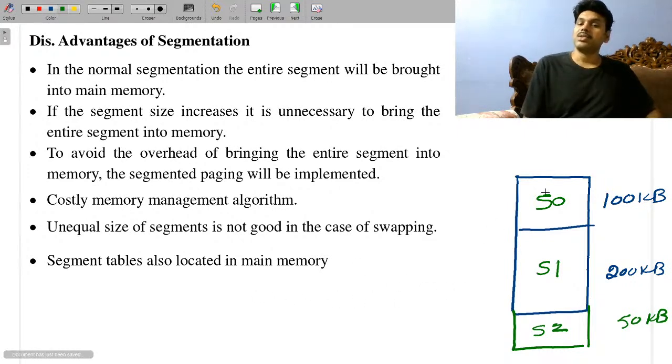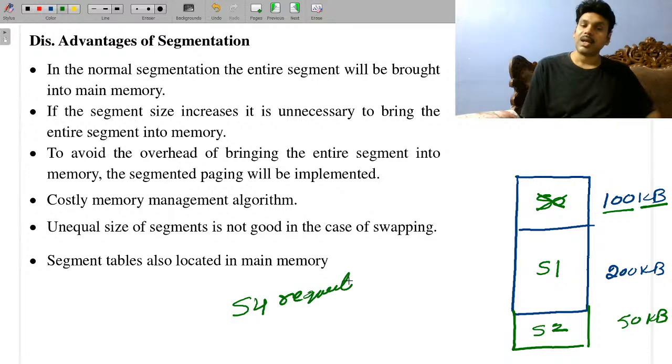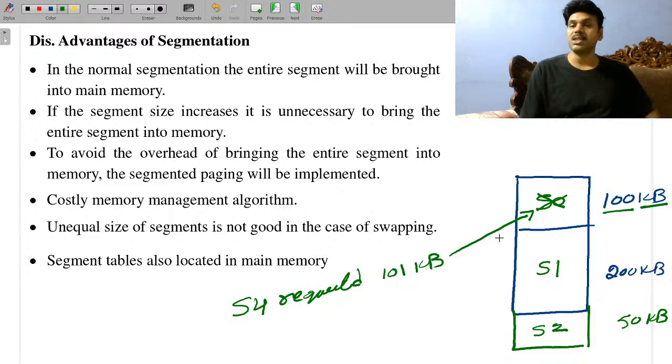Now S0 got completed. So when S0 got completed, I got back 100 kb of free space. Now please understand, S4 requested 101 kb. When I am requesting 101 kb, I cannot allocate onto this first one.